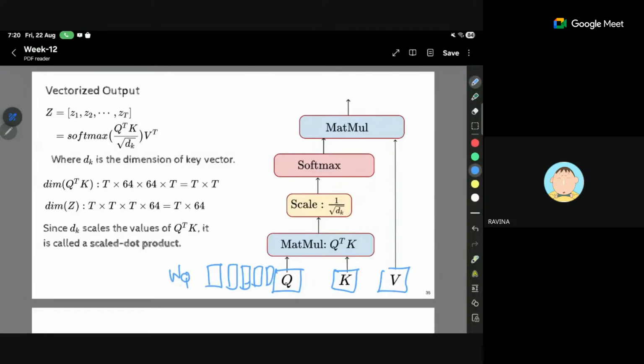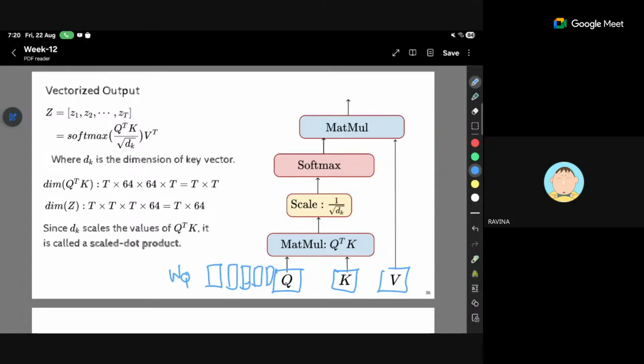All of those vectors are now in a matrix, and that I'm calling Q. Similarly, I'll have the K matrix and V matrix. So this is all now in matrix form, and you can see that now I don't need to rely on the previous timestamp also.